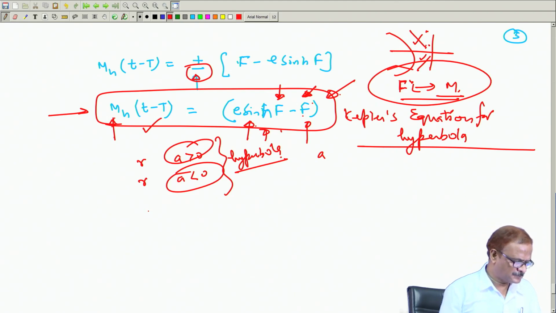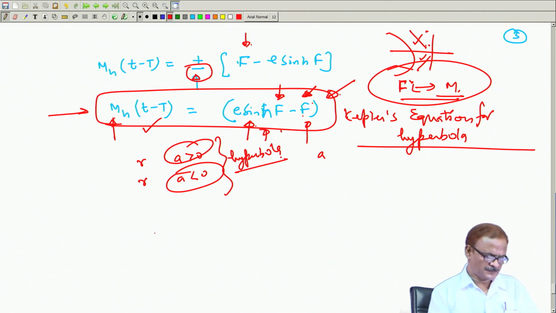So, now after winding up this part, let us look into what is this f, which is pending for a long time.